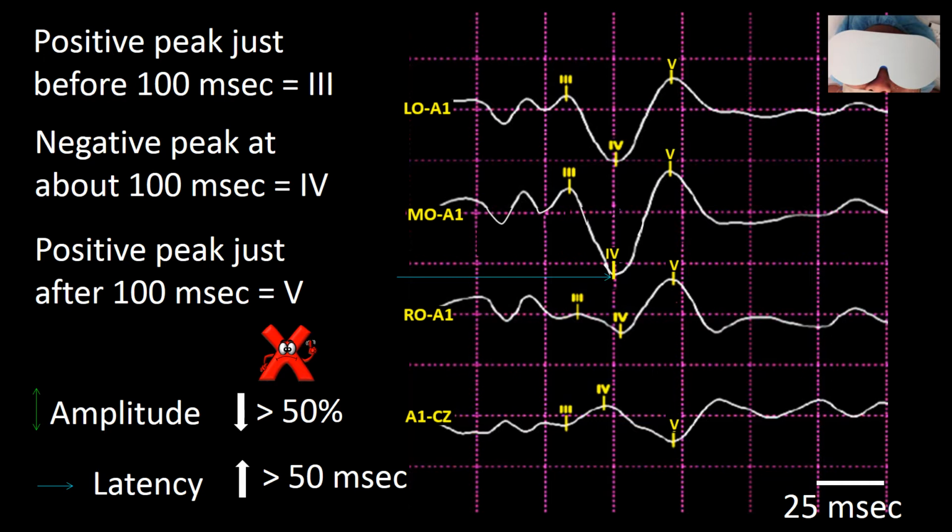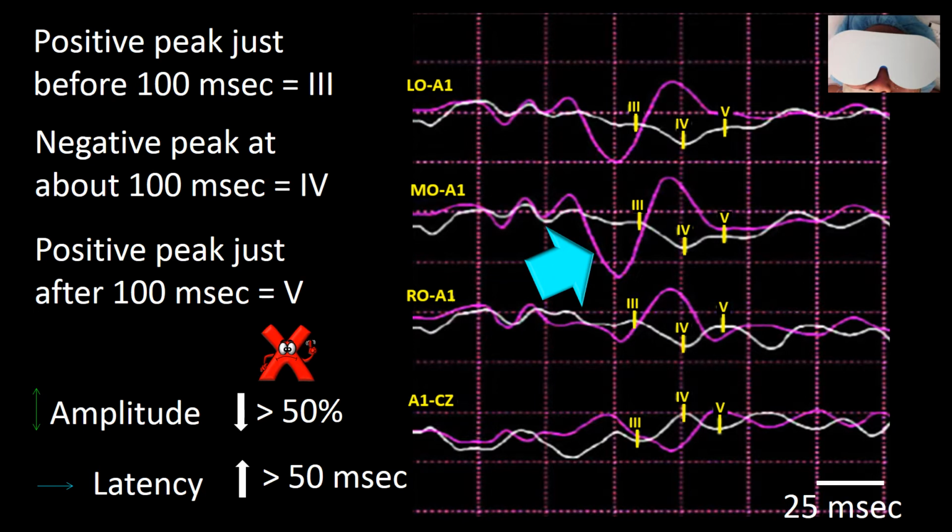An increase of more than 50 milliseconds is considered by most neurophysiologists as a significant abnormality, significant enough to warrant telling the surgeon, but others consider any increase in latency of more than 10% to be significant. In the next frame, I will show you a recording demonstrating the changes I have just mentioned.